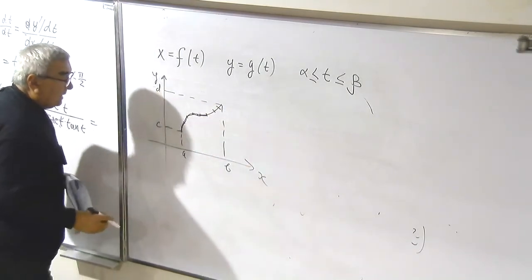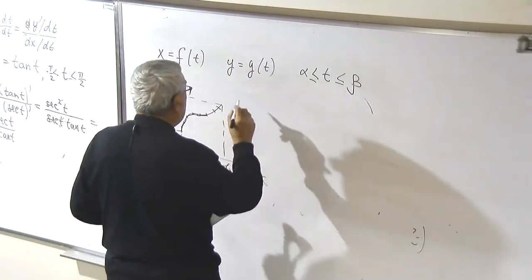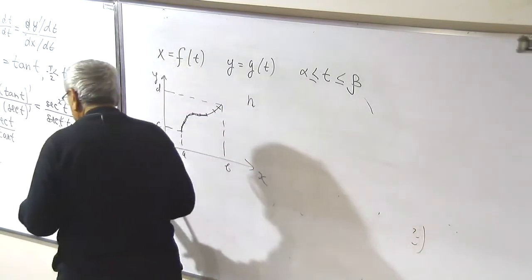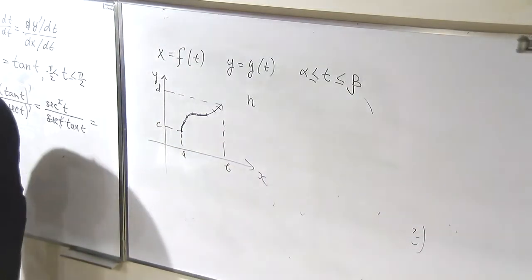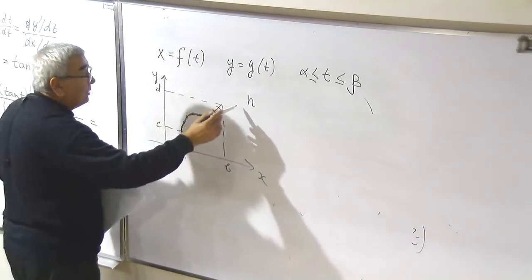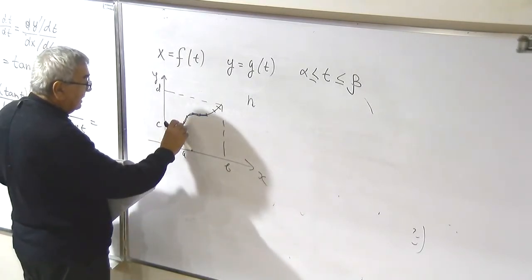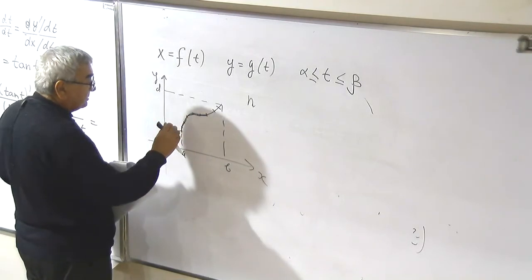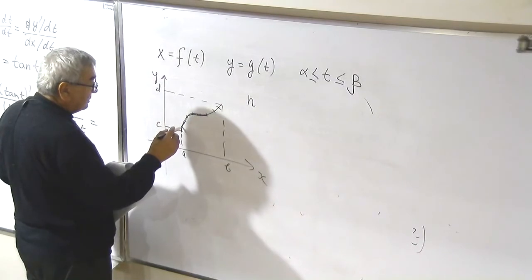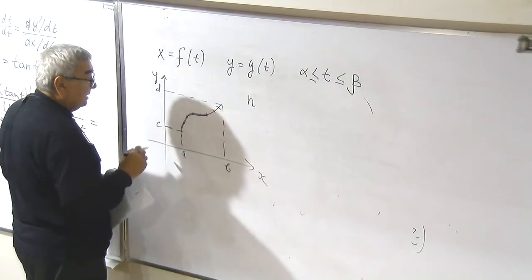That means I divided this line into n portions, which, as usual, should be small enough. When the number of portions becomes larger and larger, the length of each portion becomes smaller and smaller, so the sum of the segments should be closer and closer to this curve.